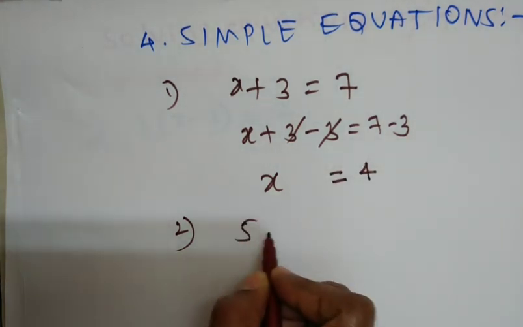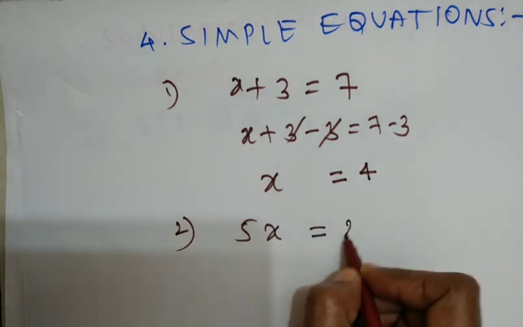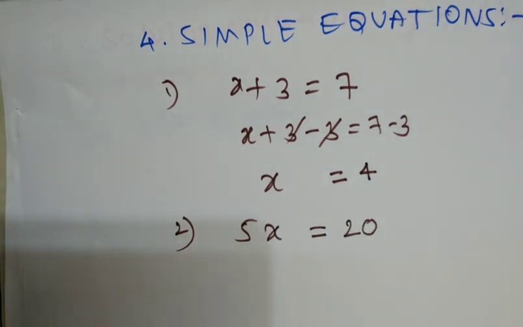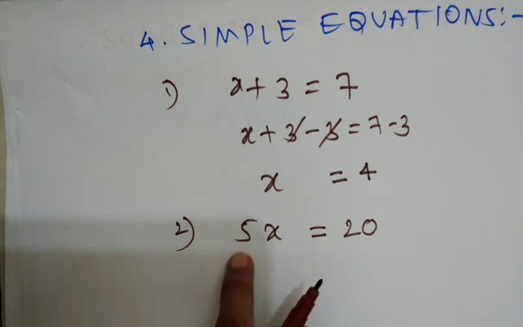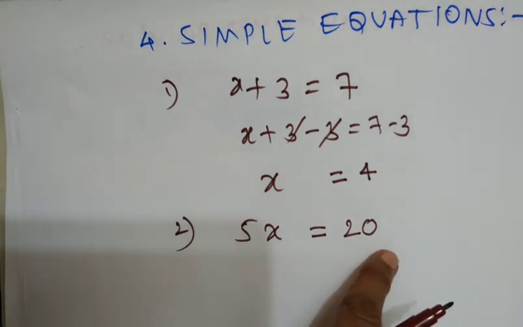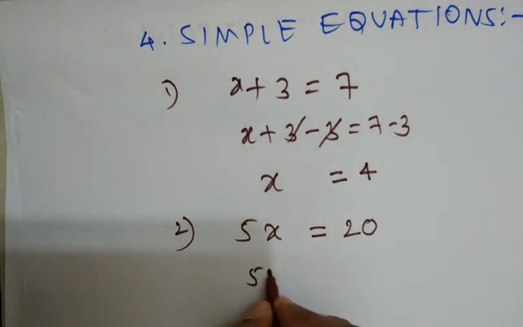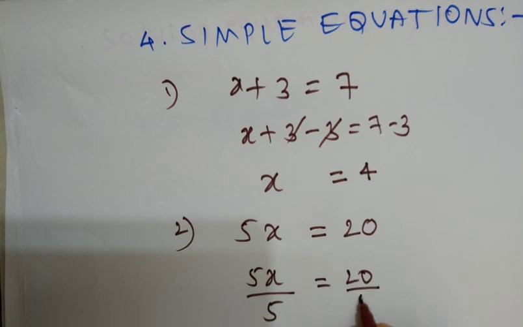Now suppose it is 5x is equal to 20. So it is multiplication, 5 times x. To cancel this 5, what do you have to do? You have to divide both sides by 5. So 5x by 5 is equal to 20 by 5.